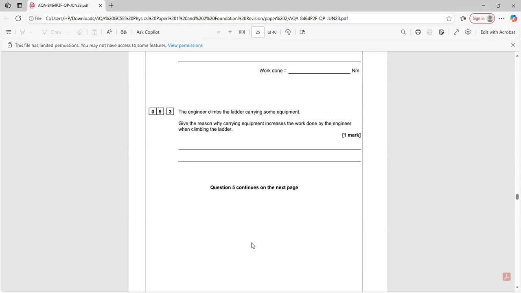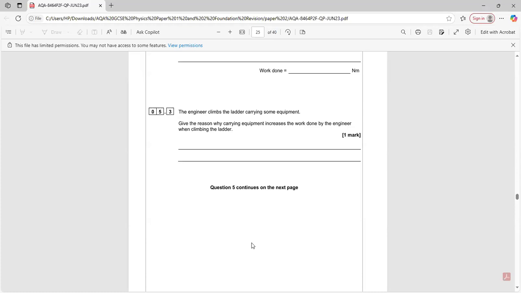Whatever energy you have is what you will use to do the work. So apart from newton meters as the unit for work done, joules is also a unit. I just thought to add that for information.